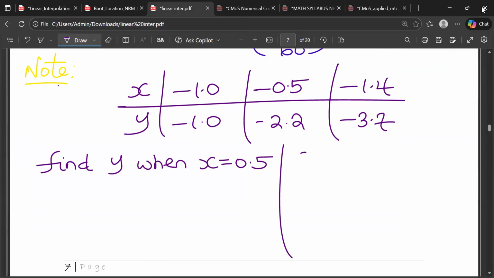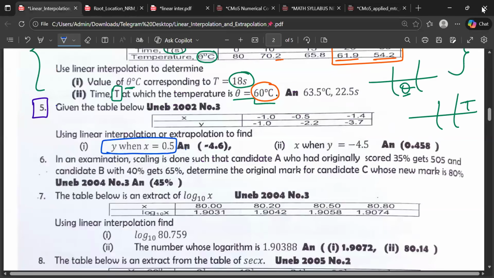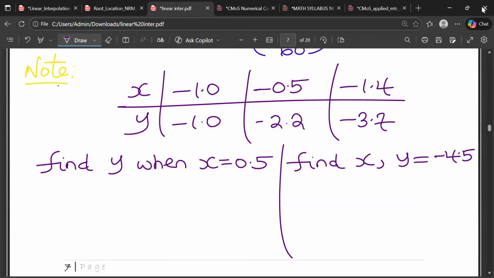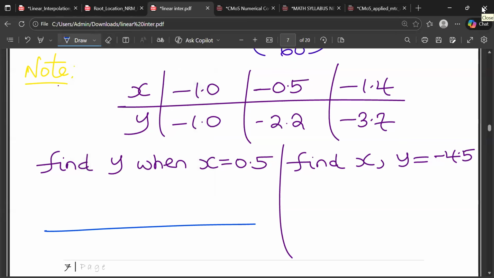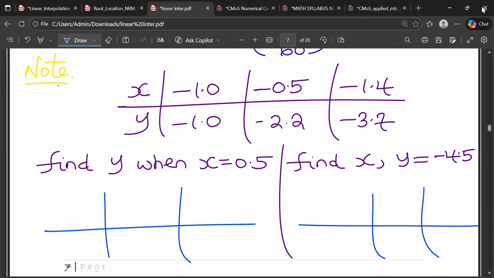Then this side, they're asking us to find x when y is negative 4.5, I think. Let me see. Yeah, exactly. So, I want us to draw these tables together. When we have the tables, we can progress.